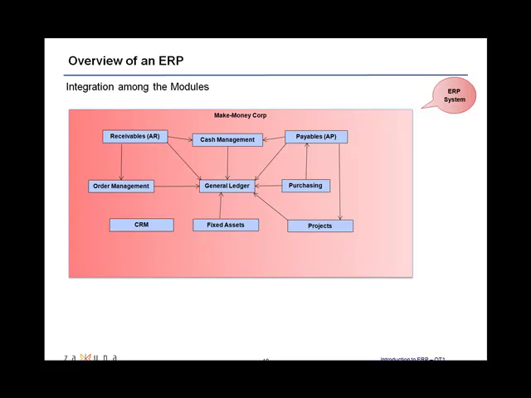Similarly, you have an order management system where whenever the organization receives orders and the orders are fulfilled, once it's time to bill the customer, it sends the data from order management to the receivables.